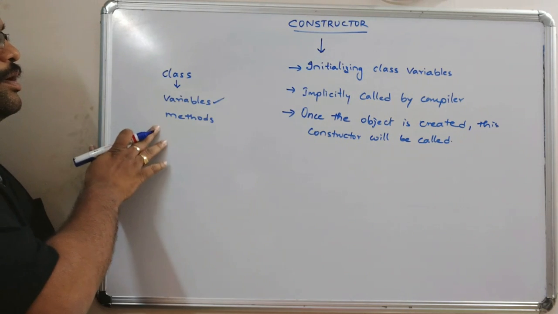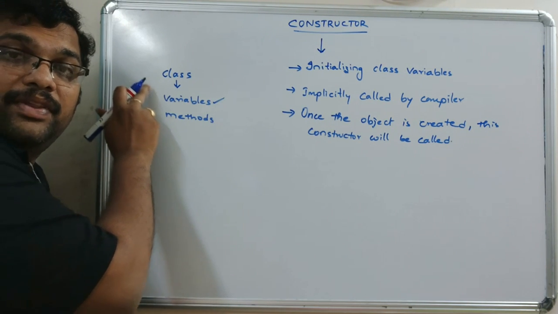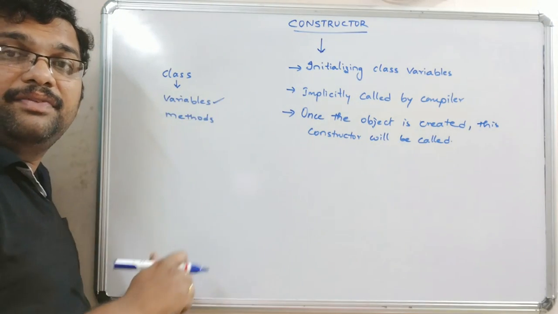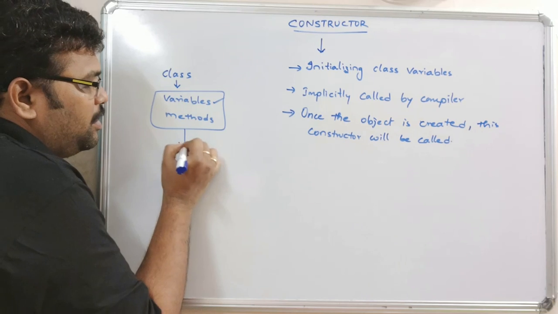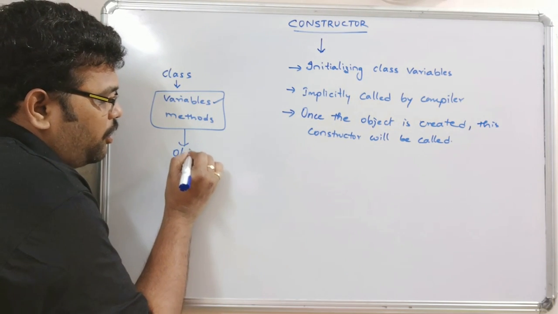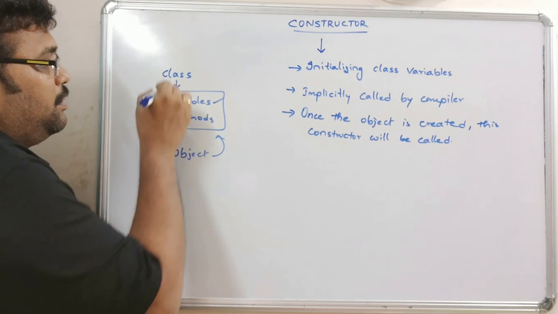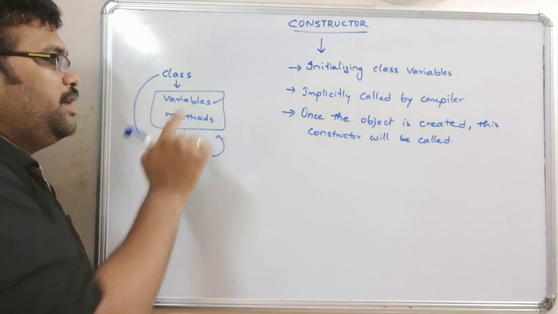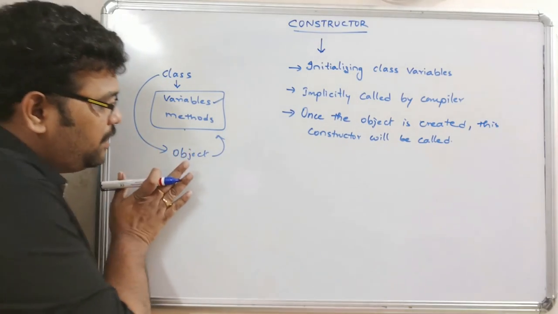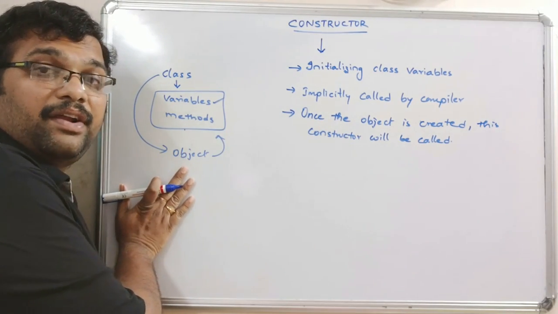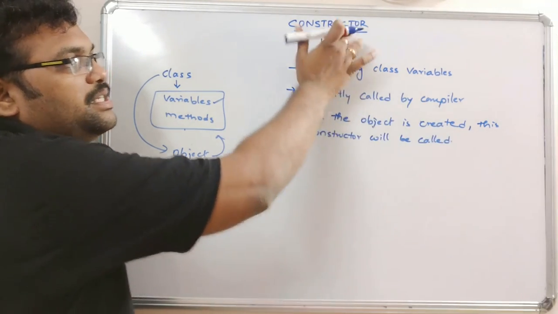We can't access the variables and methods directly with the help of the class. In order to access these variables and methods, we have to create an object, and through the object we can access the variables and methods, right? So whenever the object is created for a class, implicitly the compiler will execute this constructor.